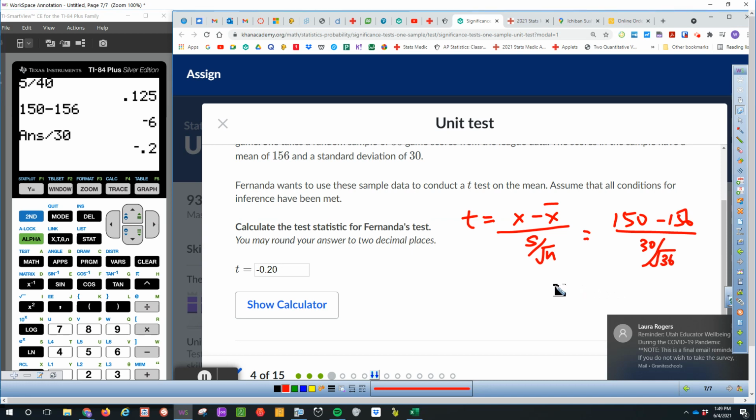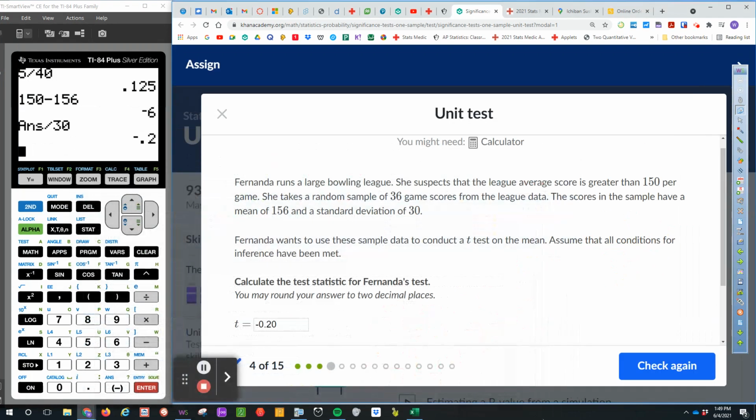Okay. And so it'll be negative 6 divided by 30 divided by 6, right? Because the square root of 36 is 6, 30 divided by 6 is 5, so negative 6 divided by 5. Okay, so it'll be negative 6.